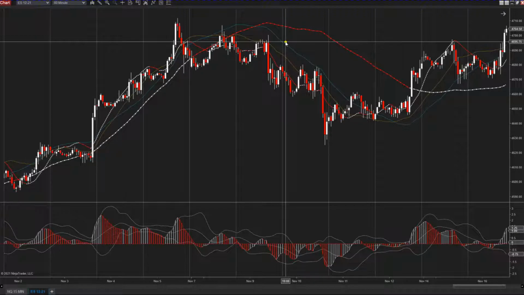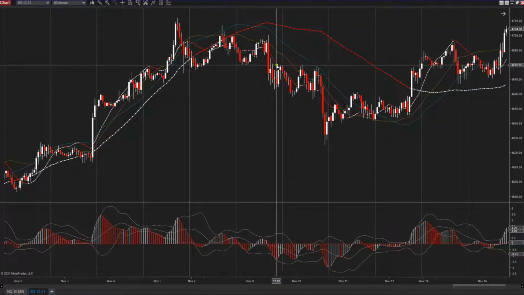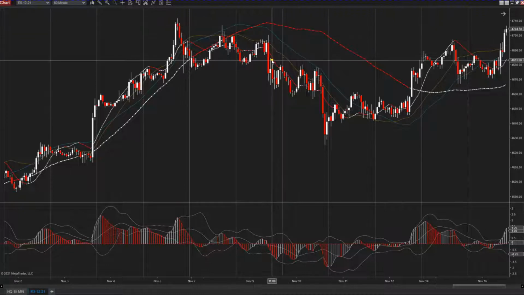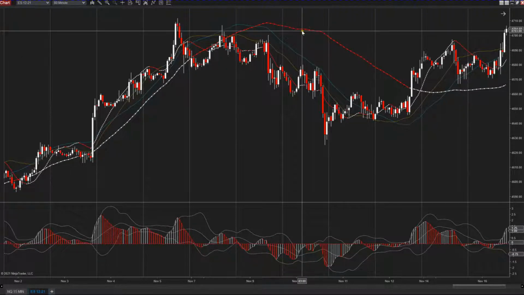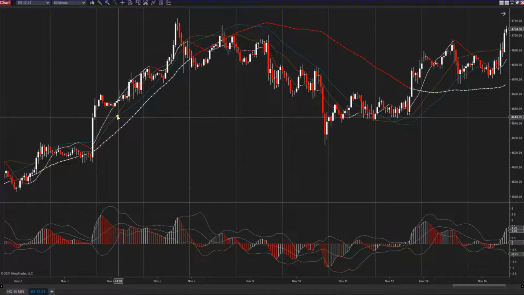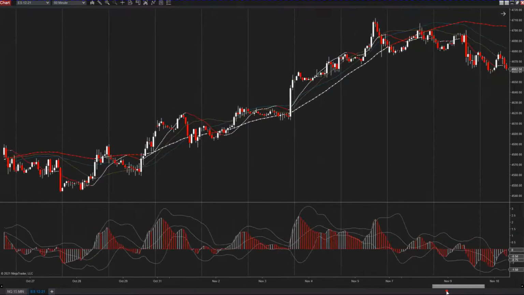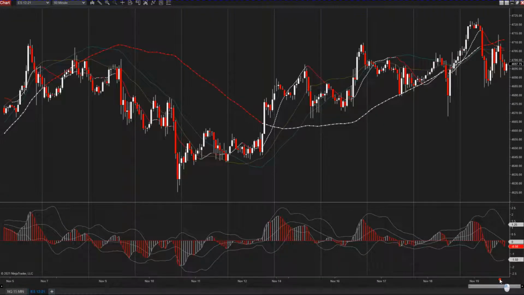So you want to see the linear regression levels 4, 3, 2 below the 1, or 4, 3, 2 above the 1. And you can catch tops and bottoms this way really well.